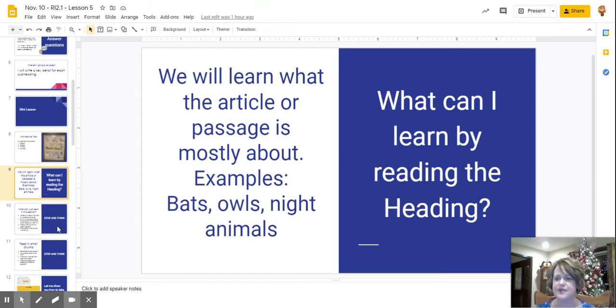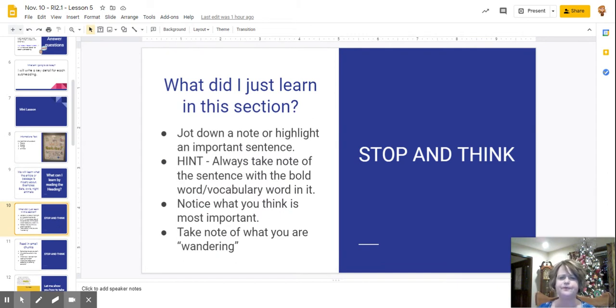So let's do a stop and think just for a second. We're going to be reading, and as we read, we want to stop and think, and we want to ask ourselves, what did I just learn in this section? We might jot down a note, or we might highlight an important sentence. We've been practicing highlighting or underlining sentences that are important.